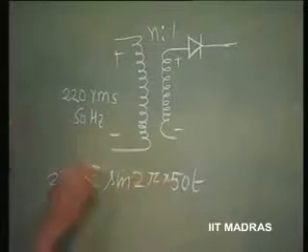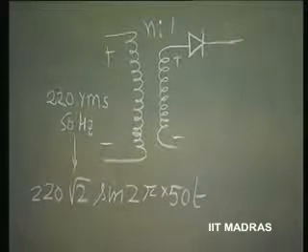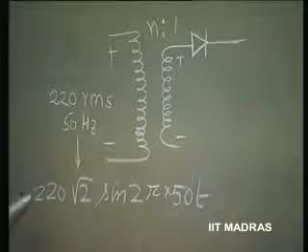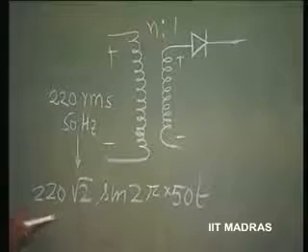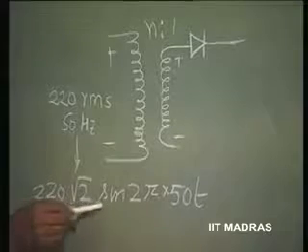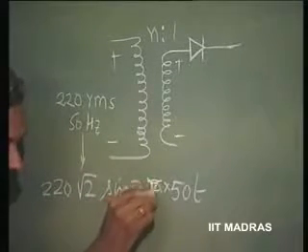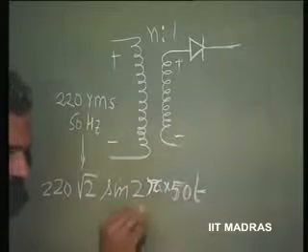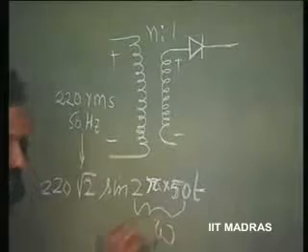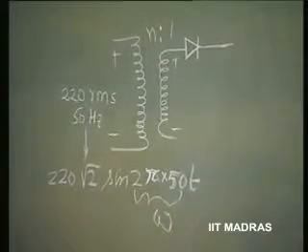This is the actual waveform represented as a time waveform. 220 is the RMS, multiplied by root 2 will give you the peak of the waveform, sin 2 pi into 50 hertz into t. So, this is what is called omega in our expression. This is the omega, 2 pi f.